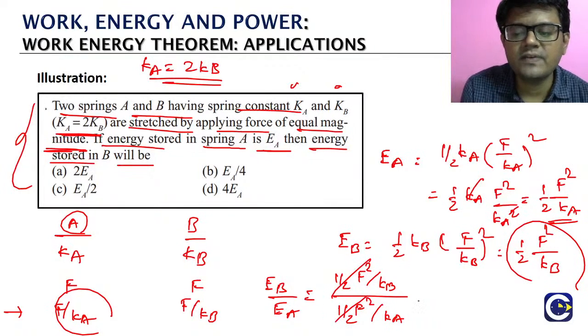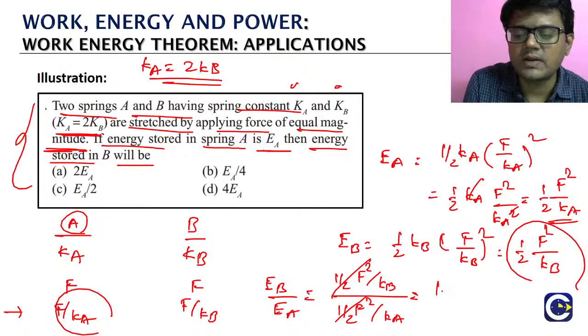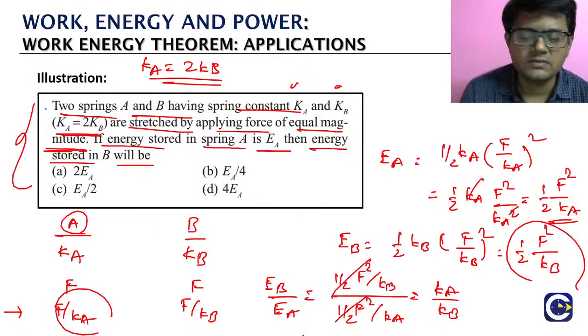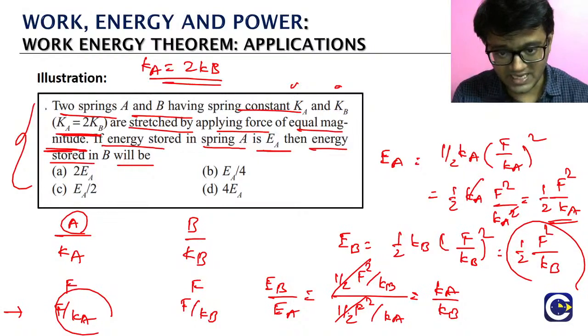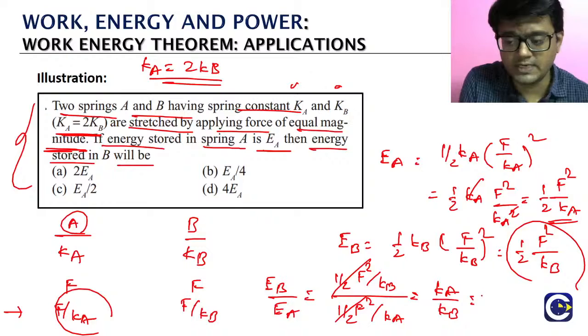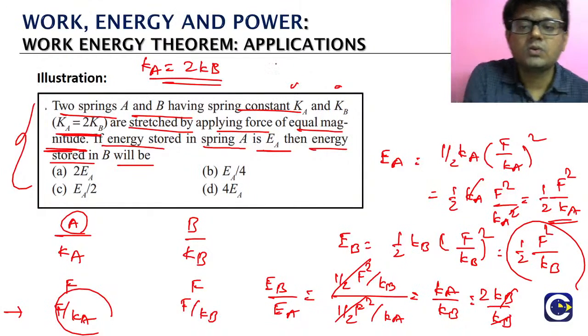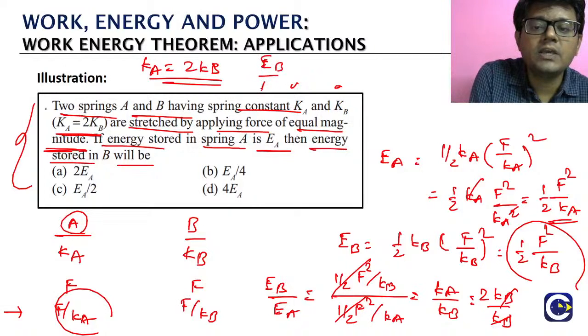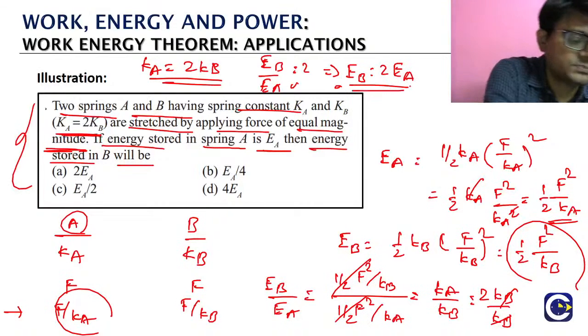Half F square cancels, Ka goes to the numerator, so we get Ka by Kb. Ka is 2 Kb, so substitute. Eb by Ea comes as 2, which means Eb is equal to 2 times Ea.